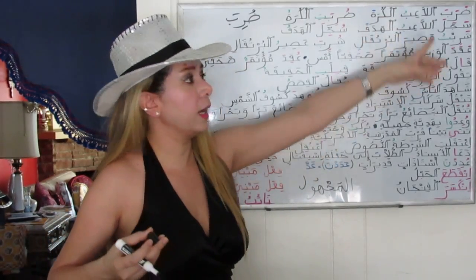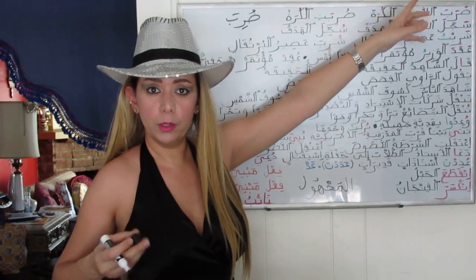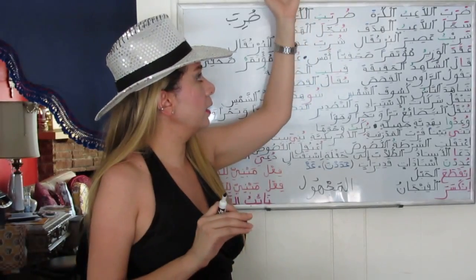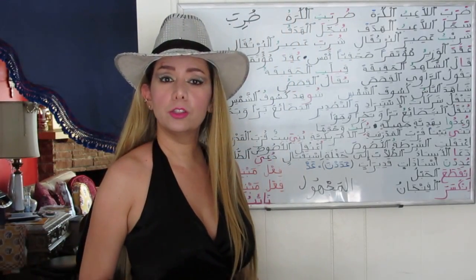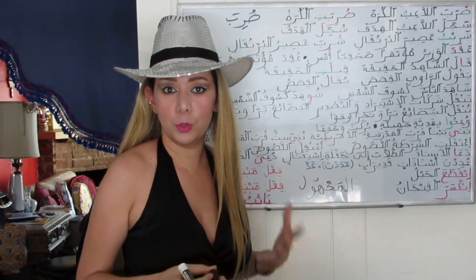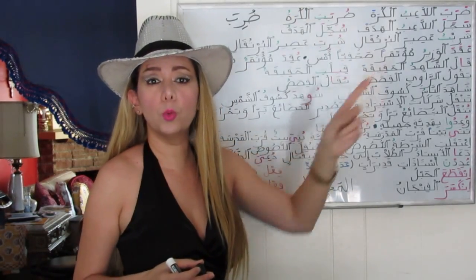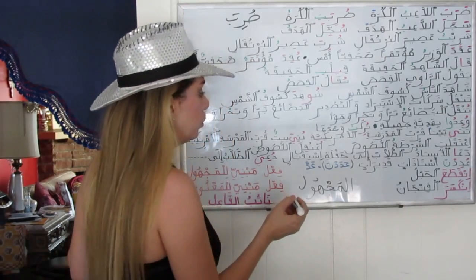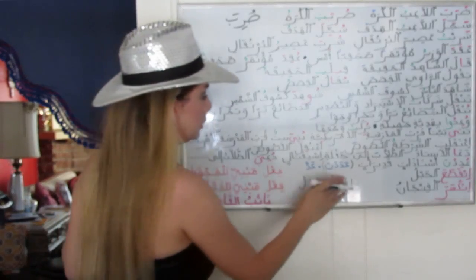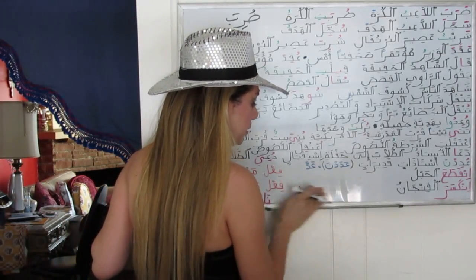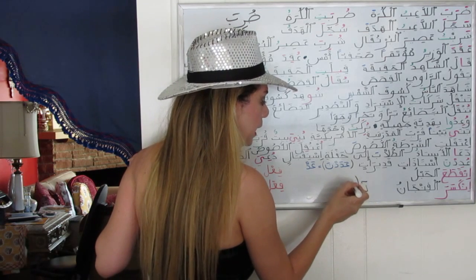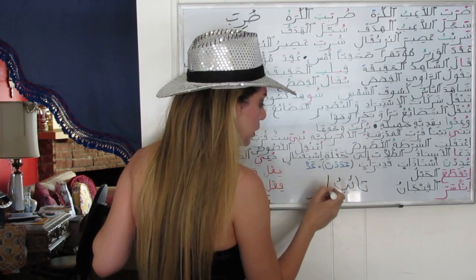Alright? So we have a coward doer, the fugitive, and a very courageous substitute. So this is the substitute of the doer, which is called naibul fa'il.